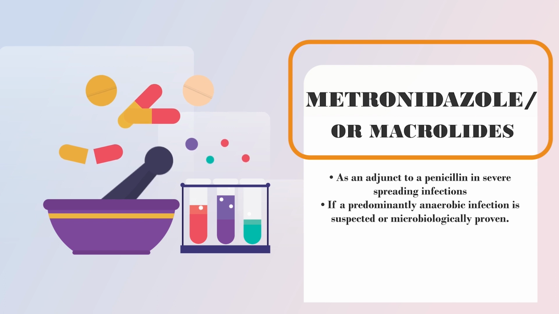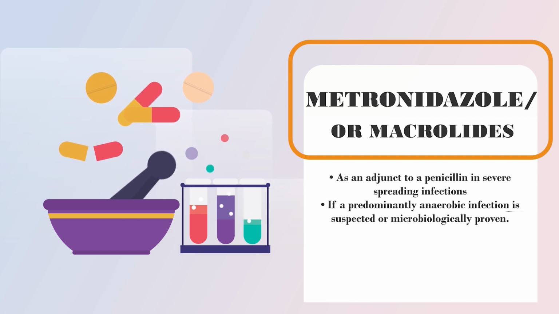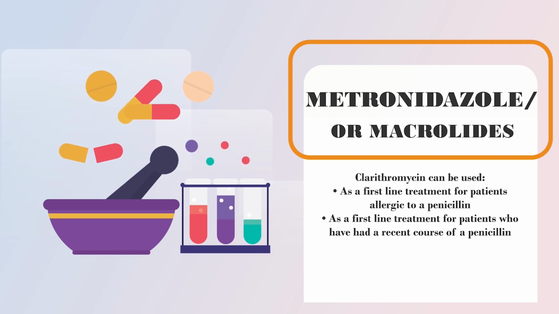It can also be used as an adjunct to penicillin in severe spreading infections. Metronidazole is also great if a predominantly anaerobic infection is suspected or microbiologically proven. Clarithromycin can be used as a first line of treatment for patients allergic to penicillin, and also for patients who have had a recent course of penicillin.